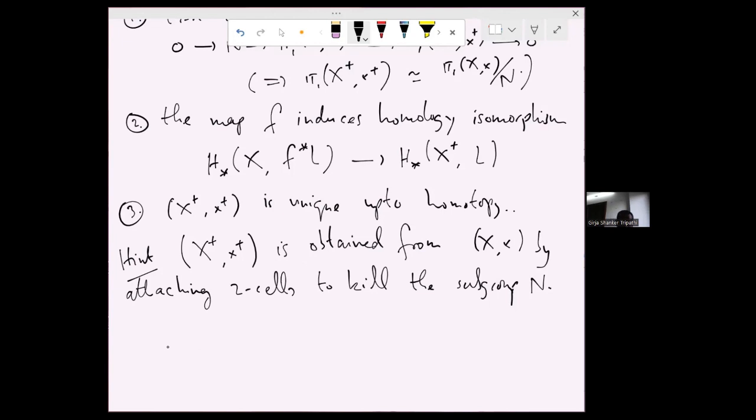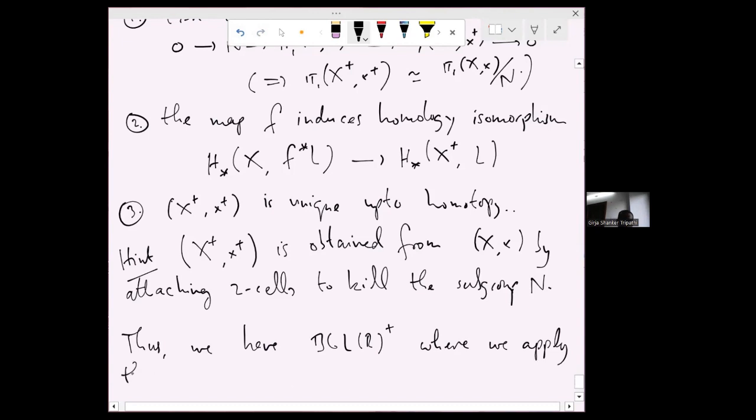Okay, so as a corollary here, we have our BGLR plus. Here you have to tell which subgroup we are taking: the normal subgroup, the commutator.